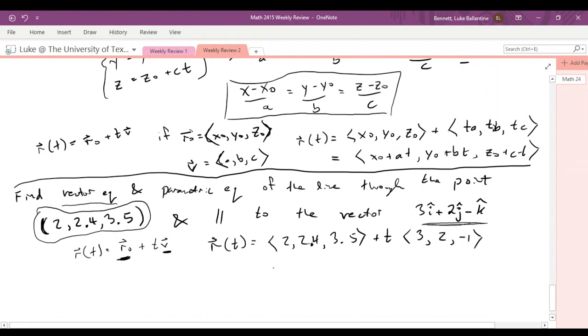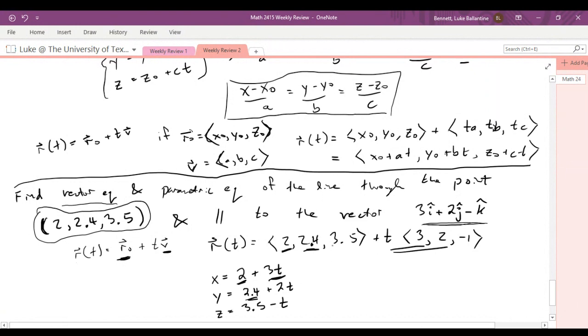Now, in parametric form, we would have x is equal to 2 plus 3t, y is equal to 2.4 plus 2t, and z is equal to 3.5 minus t, right?